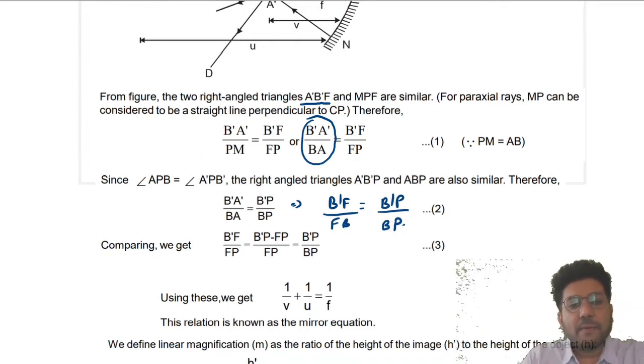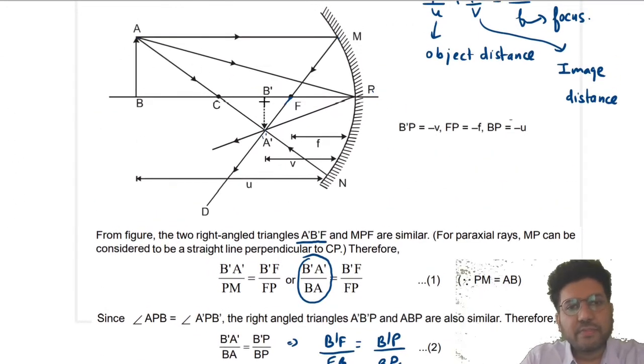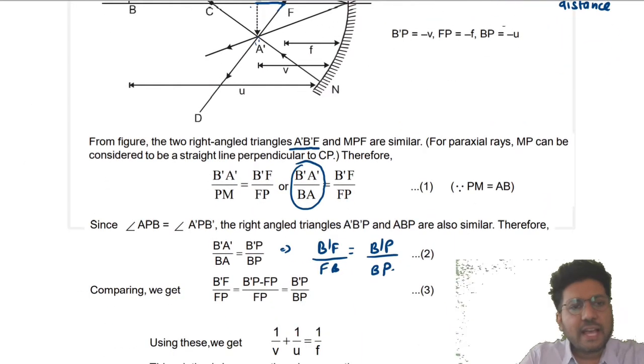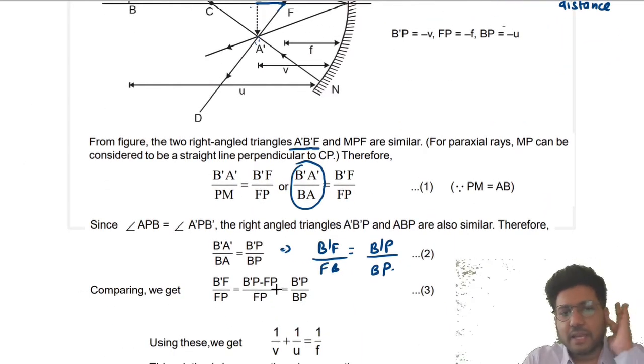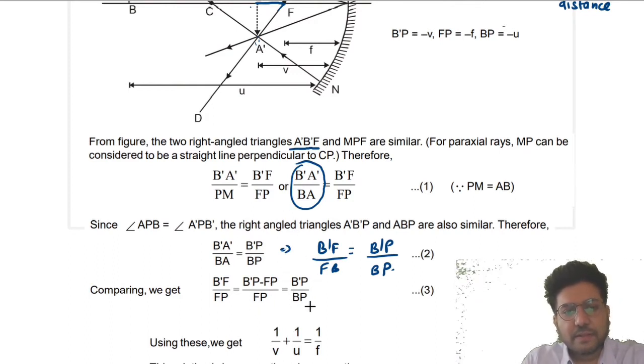Now, listen carefully, B dash F can be written as B dash P minus FP. So B dash P minus FP, divided by FP, is equal to B dash P by BP.